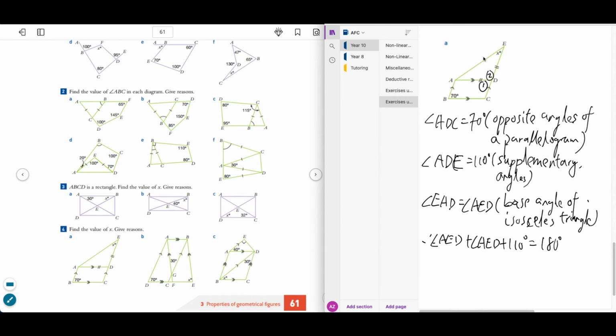So we can just say angle AED plus angle AED plus 110 degrees is equal to 180 degrees. Normally what we'd write is angle AED plus EAD plus 110 is 180, but because we said these two angles are equal, we can just say angle AED times 2 plus 110 equals 180 degrees. And that's the angle sum of a triangle.